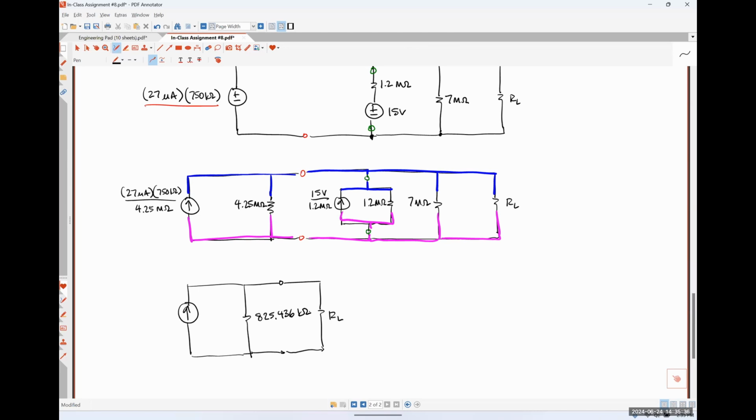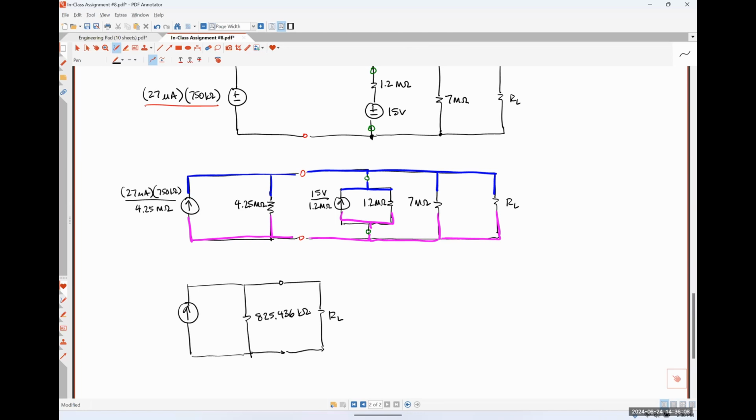My value of my current source is just going to be 27 microamps. So that's 27 times 10 to the -6 times 750 times 10 to the 3 divided by 4.25 times 10 to the 6 plus 15 over 1.2 times 10 to the 6.